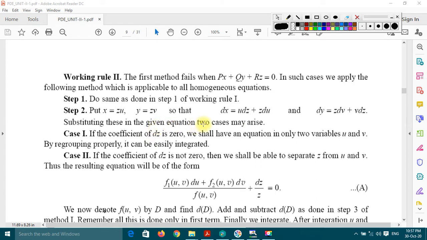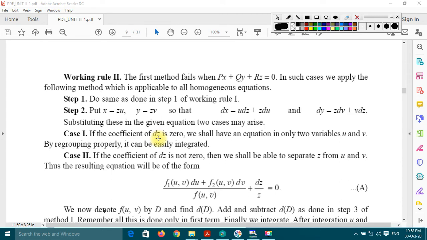Then two cases arise. Number one, if the coefficient of dz is 0, we shall have an equation in only two variables u and v. By regrouping properly, it can be easily integrated. So the two cases are: the coefficient of dz is 0, and the coefficient of dz is non-zero. If it is 0, then we rearrange the terms in the differential equation and then integrate it.